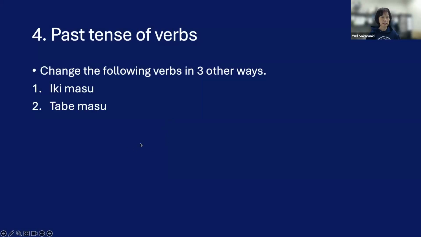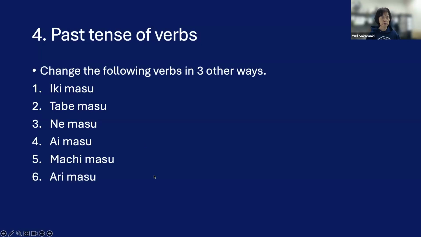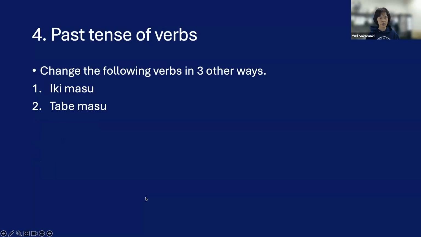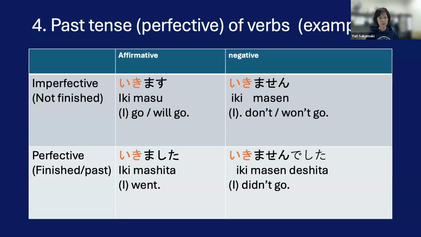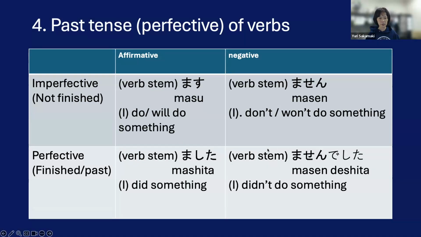If you can do this, I'll show you all the verbs. These are all masu forms. So can you change it to the other 3 ways? If you're not sure, you can look at the previous chart, and then try to change it.